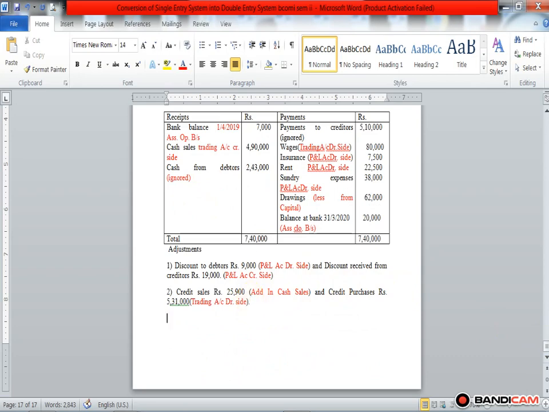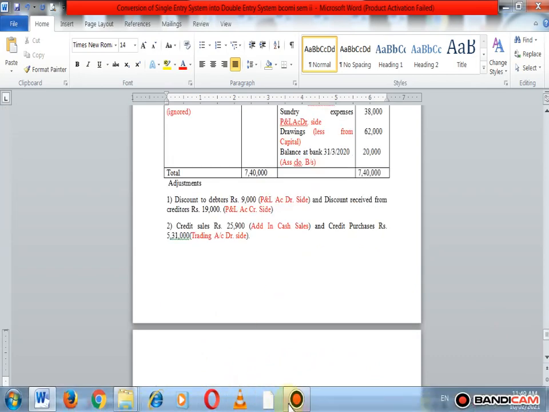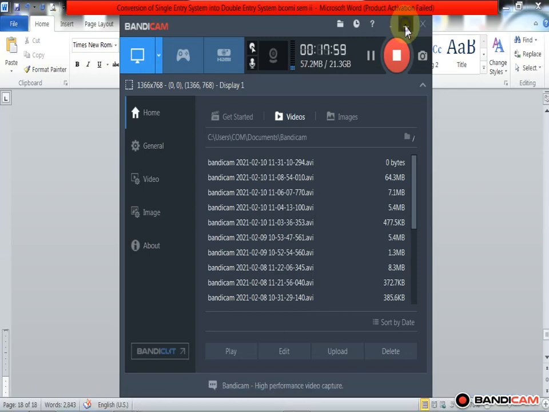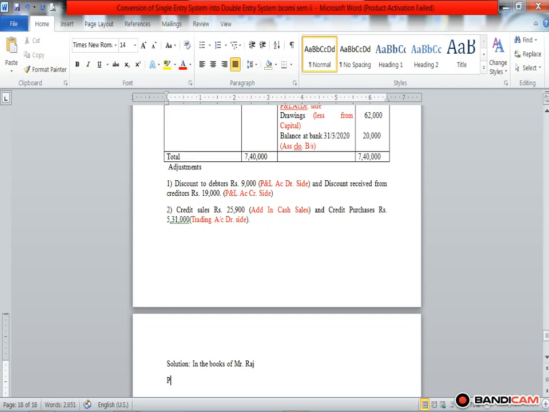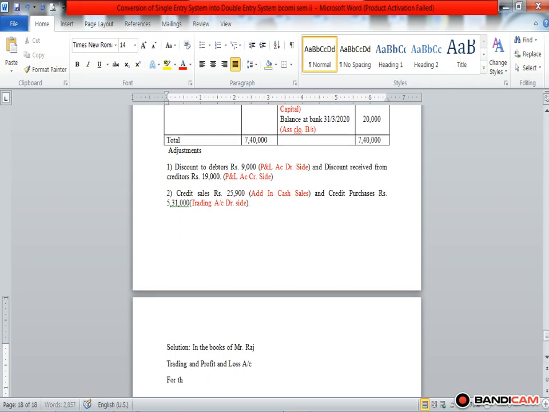So here is the solution, in the books of Mr. Raj, trading and profit and loss account for the year ending 31st March 2020.